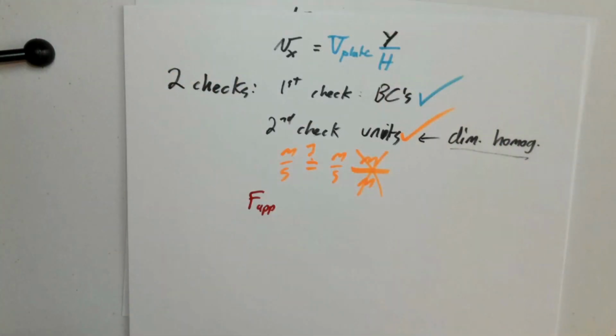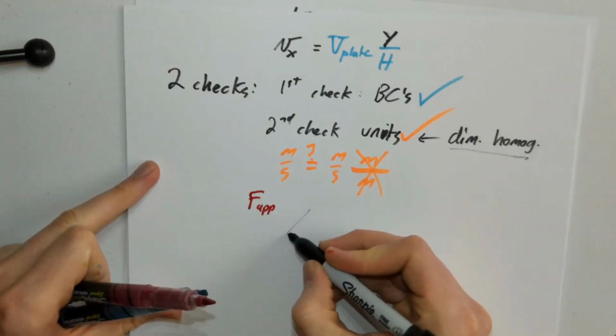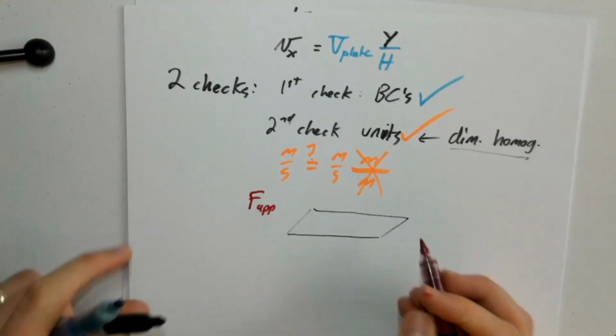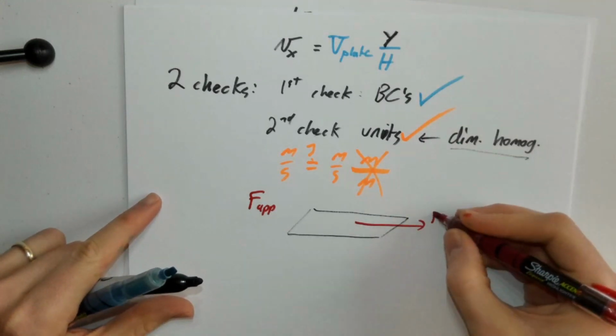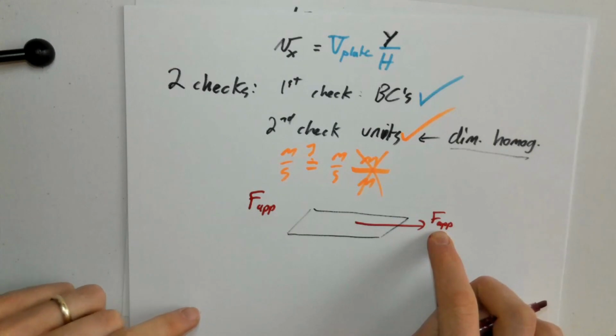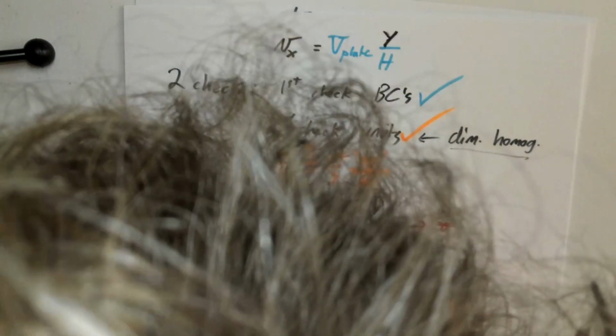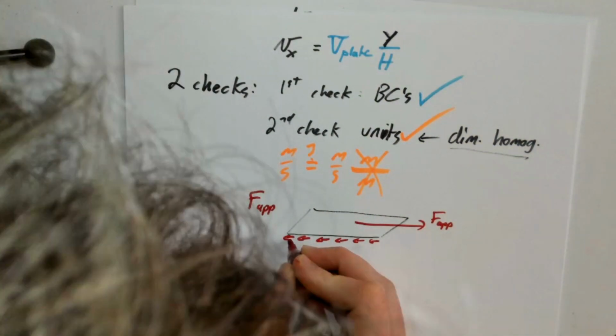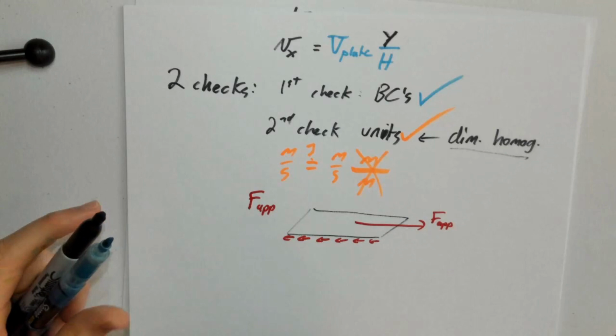So if you imagine I have my plate like here, I'm applying some force to it here, but on the bottom of the plate, there's all that shear stress, essentially holding me back, right?